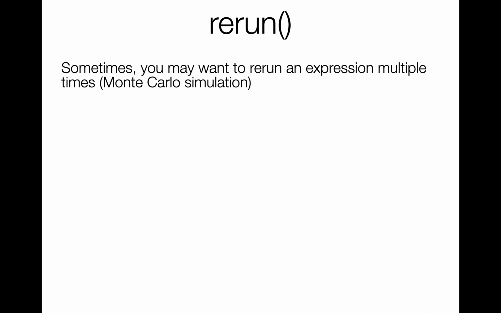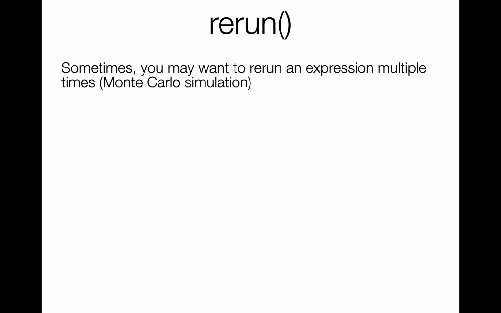We'll talk about simulation in general as part of our modeling part of the course. But Monte Carlo simulation is where you do the same thing over and over and over again. You have some randomness involved, so it's not the same exact thing, but you do the same process over and over again, and then you see how it behaves. That's a big part of statistics, and that's what this rerun function does.